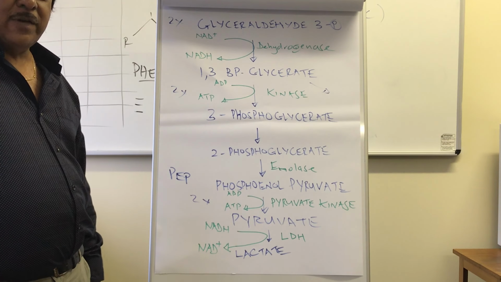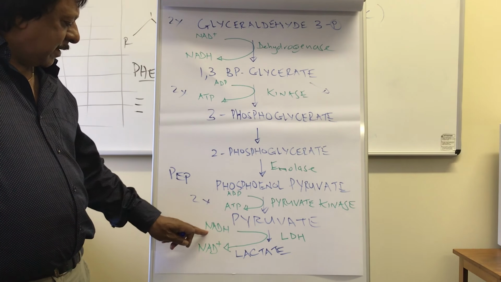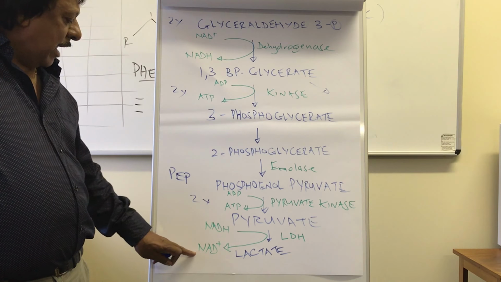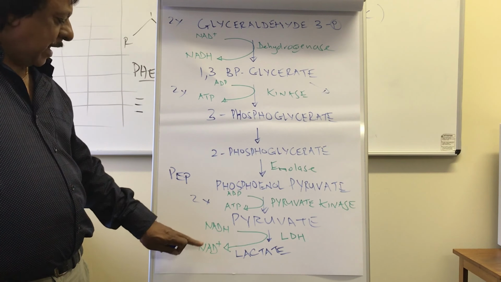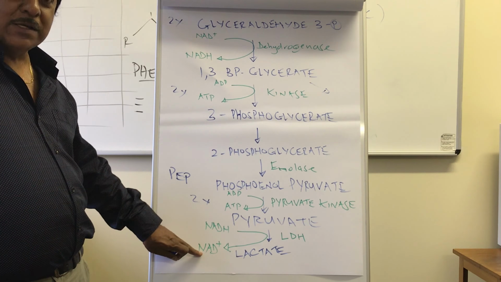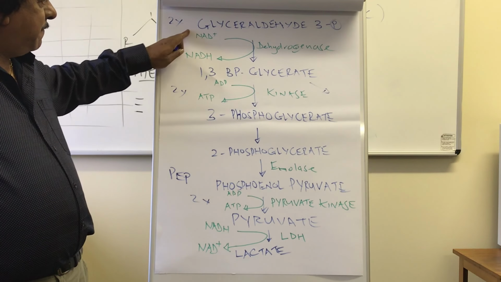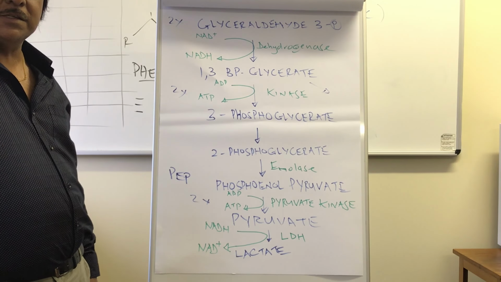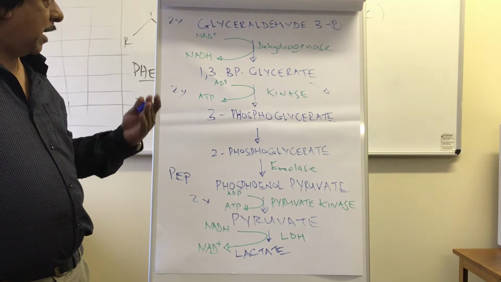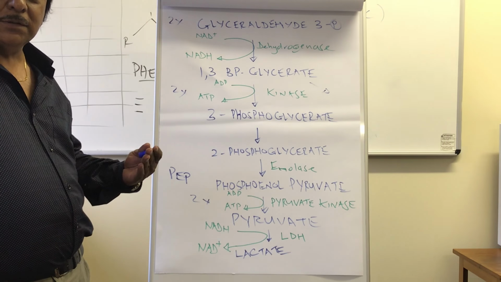And this enzyme does a very useful thing. What it does is that it takes the NADH and it oxidizes the NADH back to NAD+. And this NAD+ can feed this reaction of glycolysis so that glycolysis does not come to a halt.